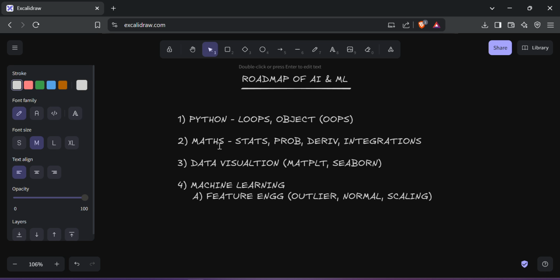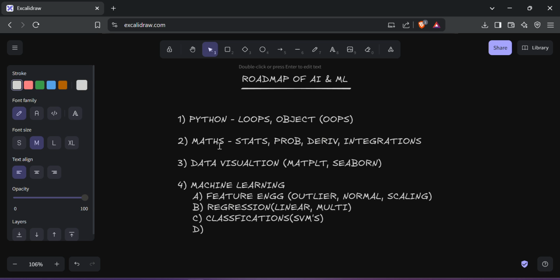Everything will be discussed here. And next, regression. We'll be discussing regression models like linear, multilinear, etc. And then we'll be going to classification models, like support vector machines, SVMs, and so on.